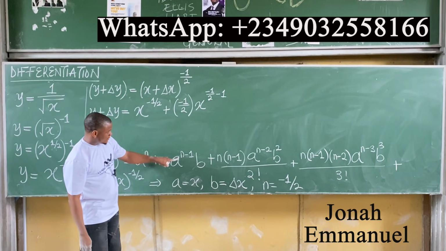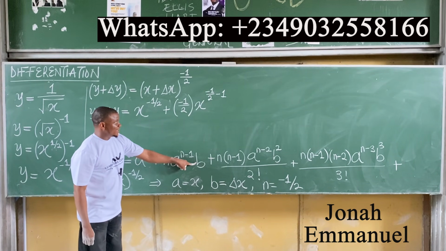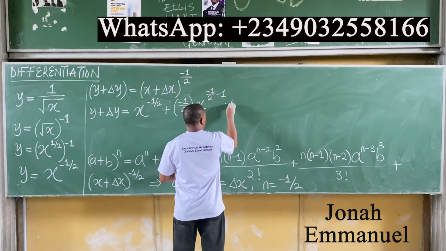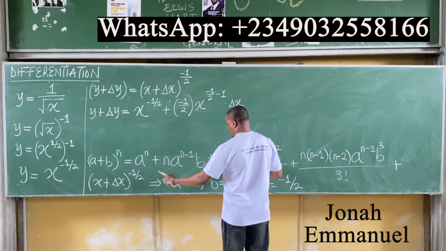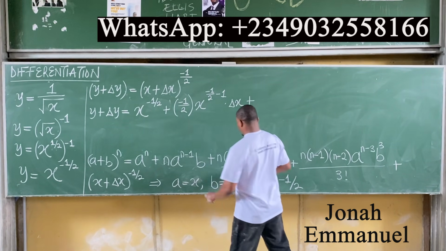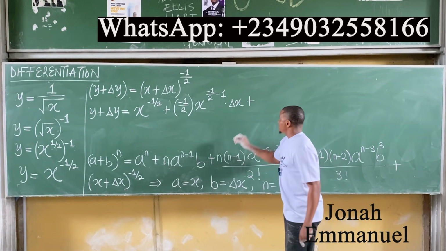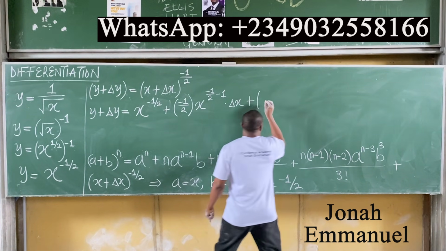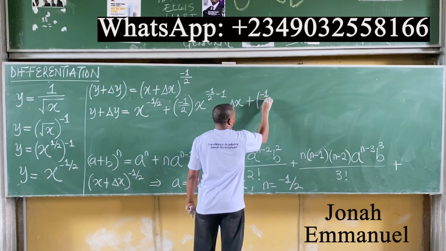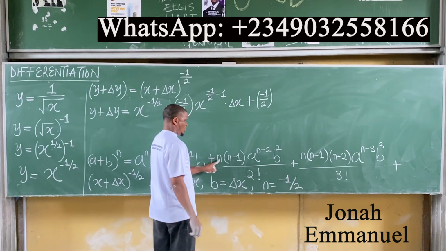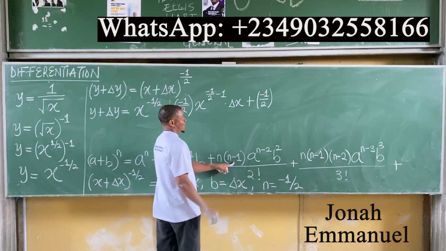Then b. What's b there? This dot change in x. That's all. Plus, let's get the next term here. What do you have here? N. What's n there? Minus 1 over 2. That's n into n minus 1.